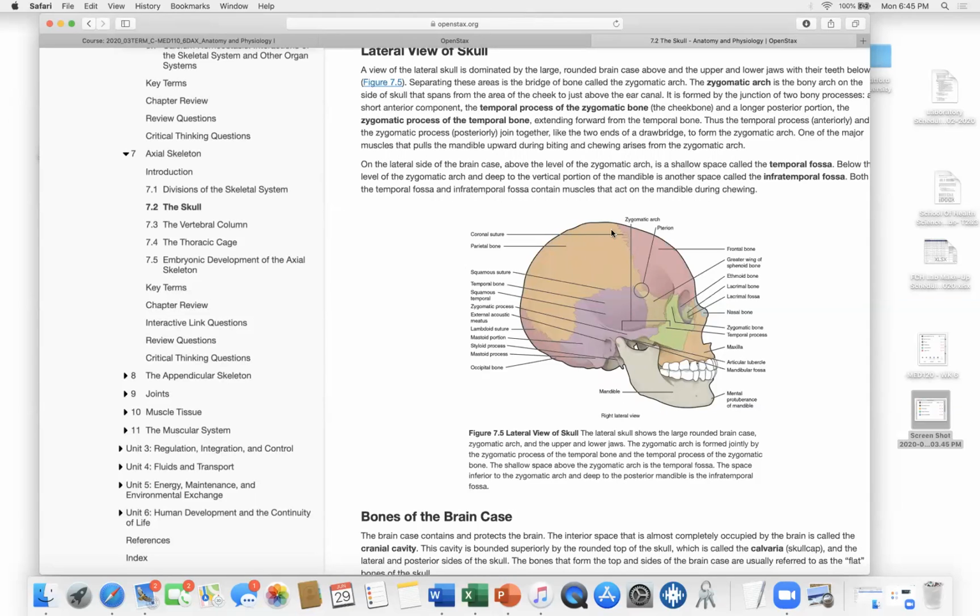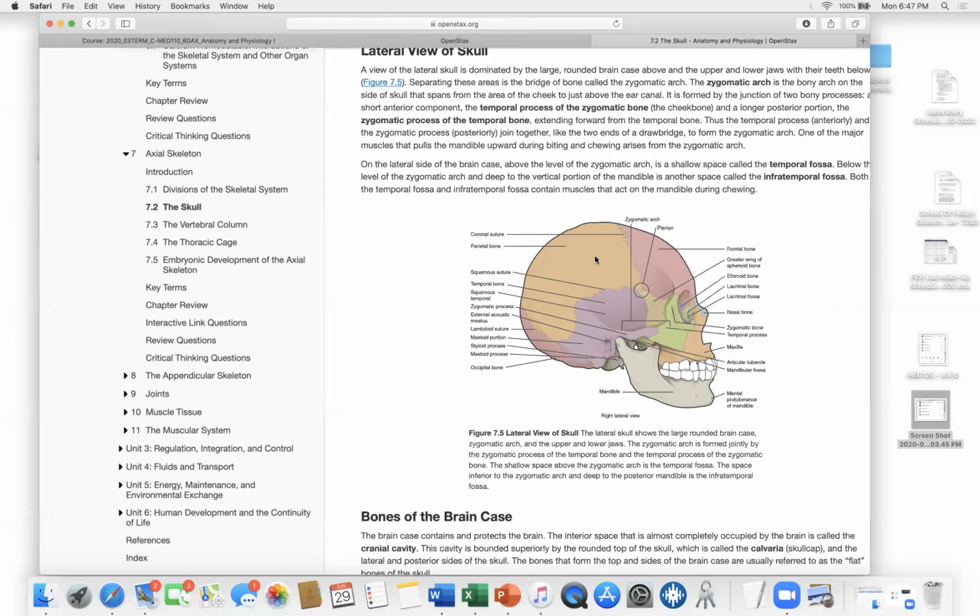Then it has also these little sutures. They look like stitches. Remember when, if you have a niece or nephew, or if you had children, you had babies, right? And the children would have these spaces in their head because their brain is growing and they need room to grow.